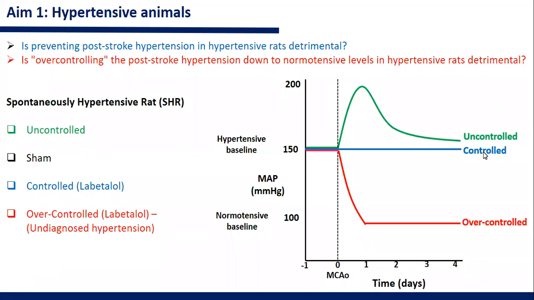Second, the control group, where I used labetalol to reduce the blood pressure towards the pre-stroke baseline level, for 3 days within the acute period of stroke. The third group was the over-control group, which mimics the undiagnosed hypertension group as discussed previously, where I tried to reduce the blood pressure towards the normotensive level after stroke, and labetalol was also given in these animals.